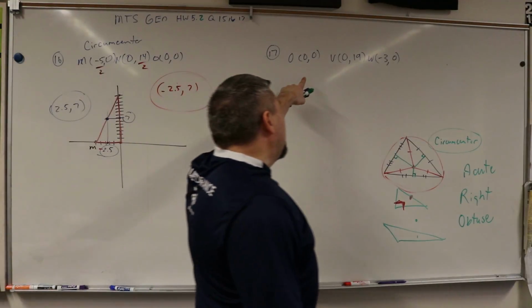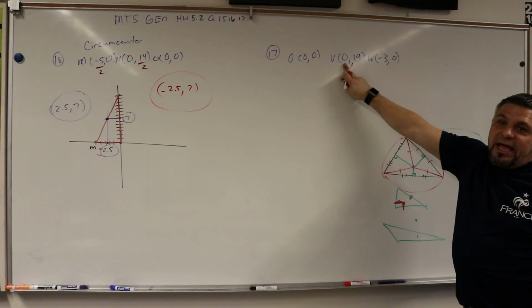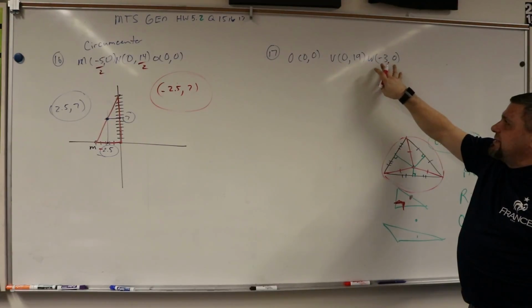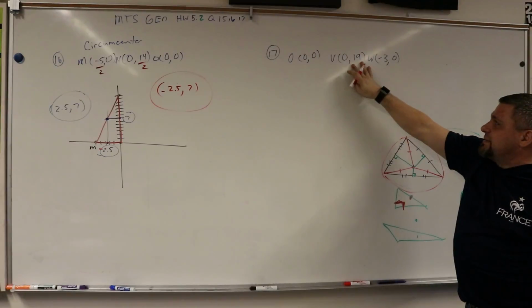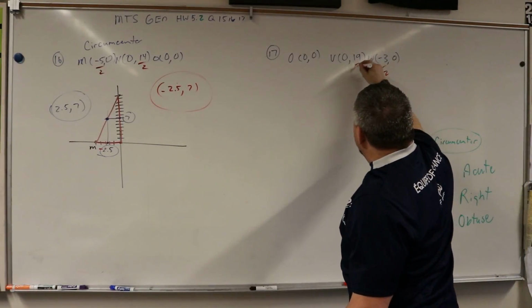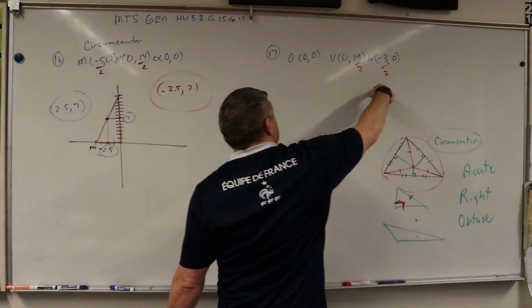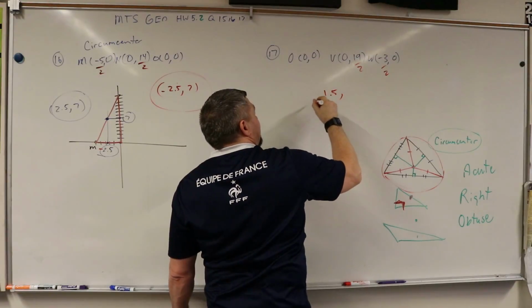How easy is this one? Did they go through 0, 0? Yeah. Did they go on the x-axis, on the y-axis? Right? So y-axis, x-axis. So half, half. And then what's your point? X is 1.5, negative.